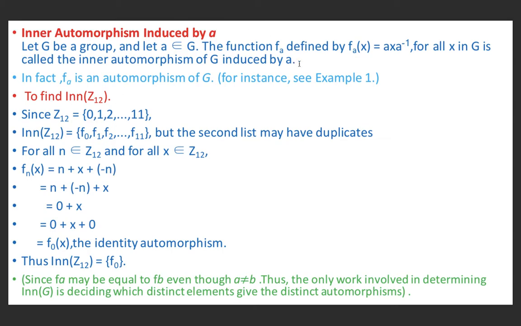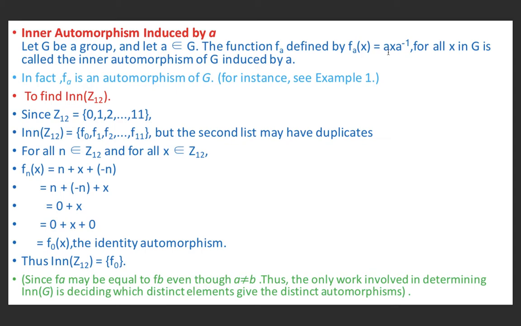By definition of the function, we have defined F_a(x) equal to a x a inverse, because here the operation is addition. So in that case this definition is written as n plus x plus (minus n), where minus n is the additive inverse of n.